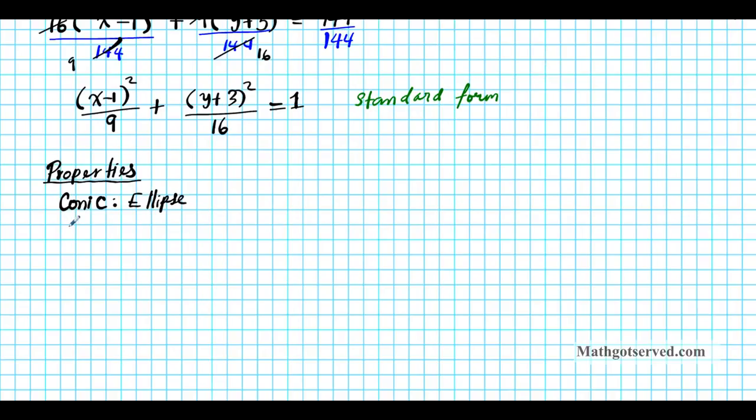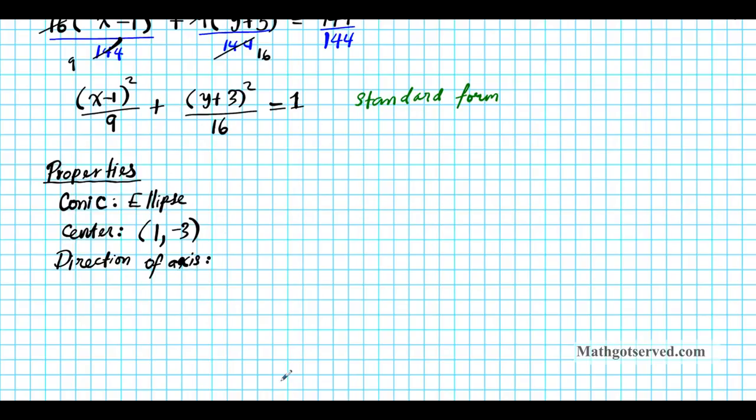The next thing we have to identify is the center. The center is (h, k). So we have the opposite of this number, which is 1, and the opposite of that, negative 3. So there goes your center. And the next thing is the direction of axis.